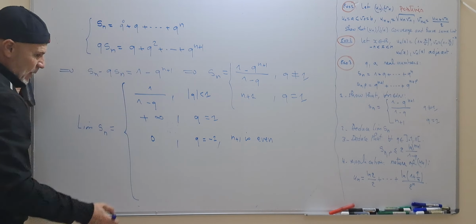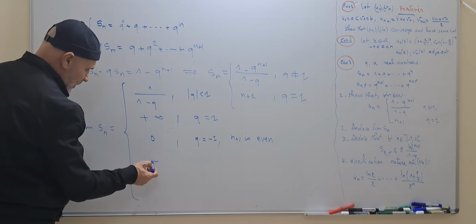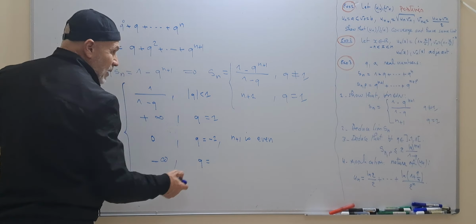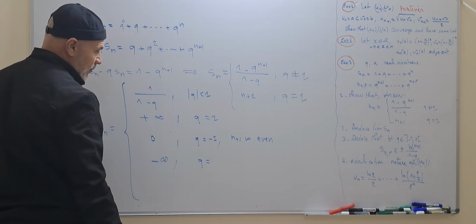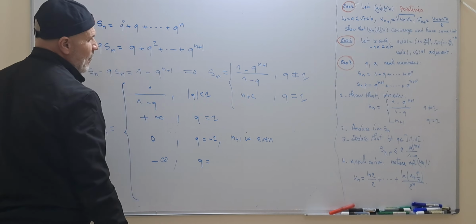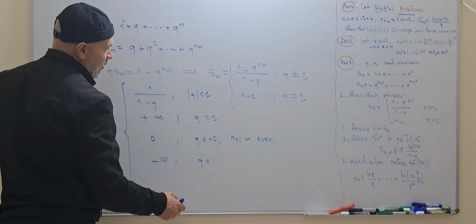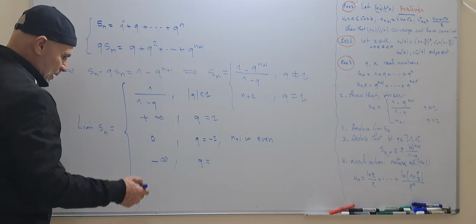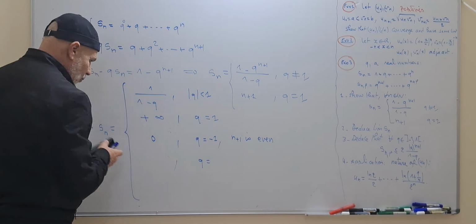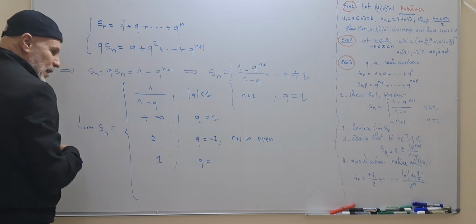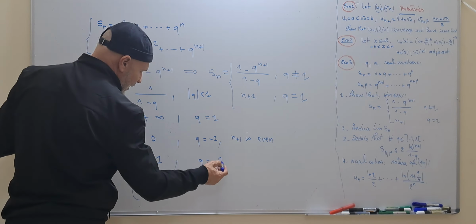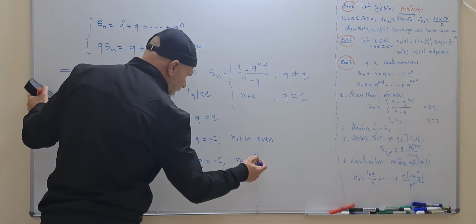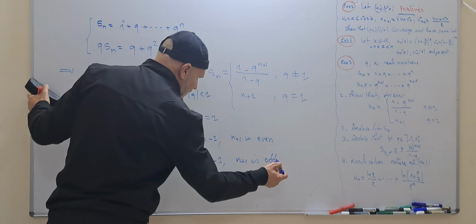It is equal to minus infinity if q is equal to 2, and it is equal to 1 if q is equal to minus 1 and n plus 1 is odd.